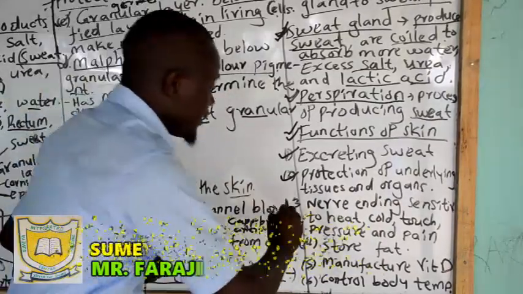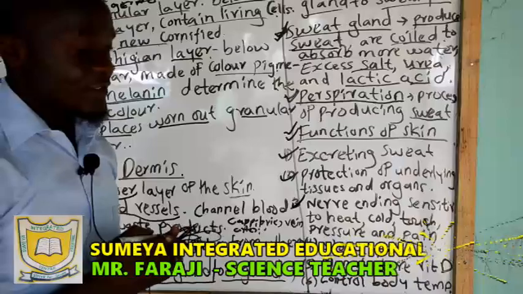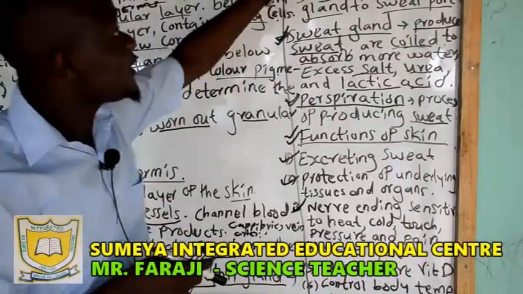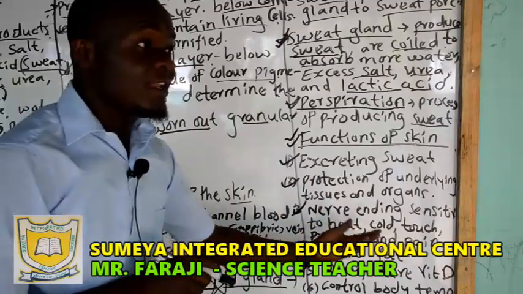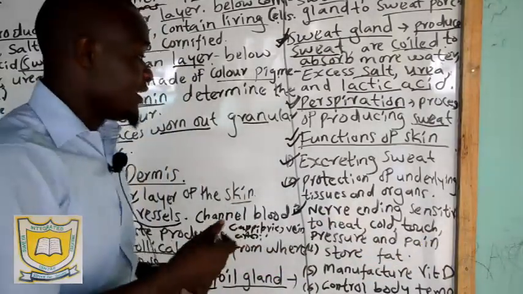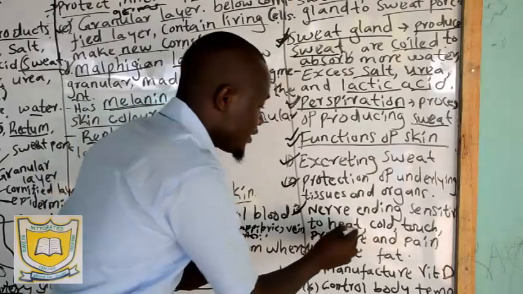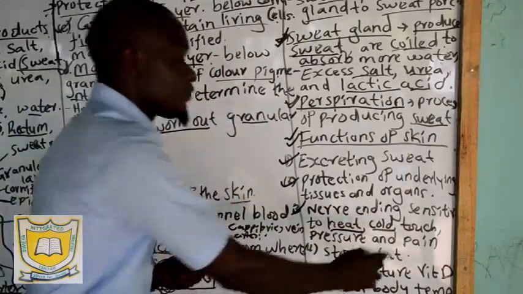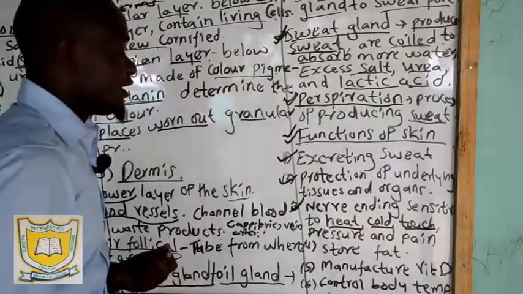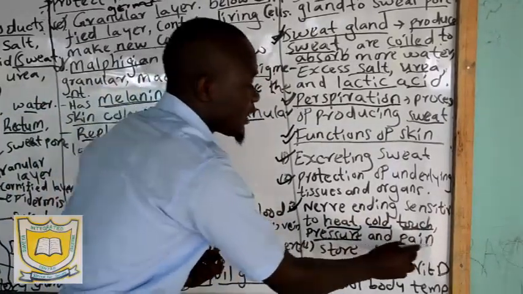The function number three, it has got nerve endings, and we say the function of the nerve endings, we said it is a sensory organ also. So the function of the nerve endings, we said it does to sense. That's to sense the change of heat, if there is heat, to sense if there is cold, and to sense if somebody has touched you, and even the change in pressure and pain.